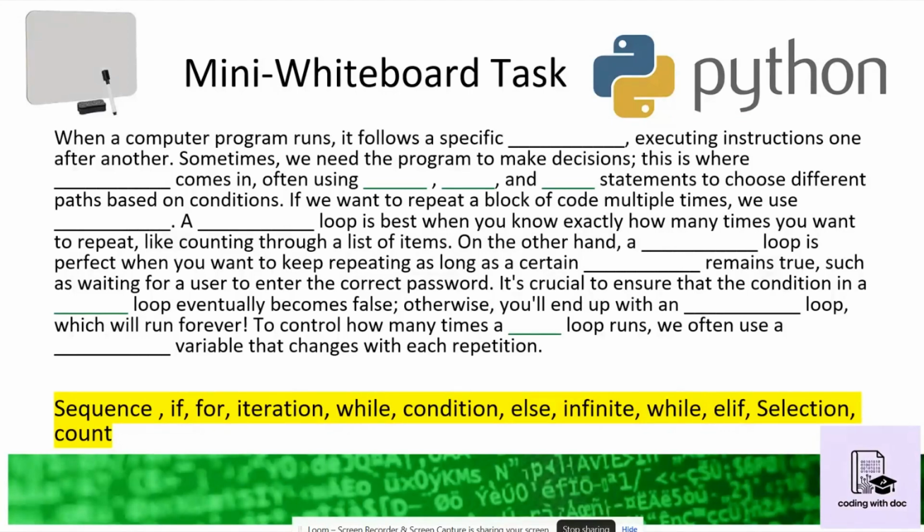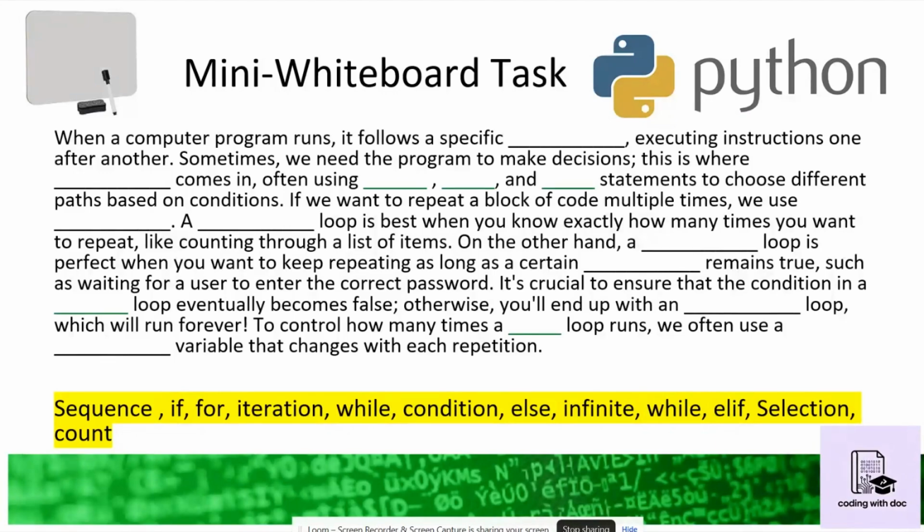It's crucial to ensure that the condition in a while loop eventually becomes false. Otherwise, you end up with an infinite loop, which will run forever. To control how many times a while loop runs, we often use a count variable. And so that hopefully has given you that kind of set of options, and you've been through there, and we've managed to get that one done.